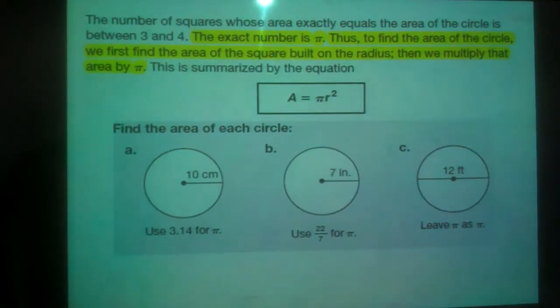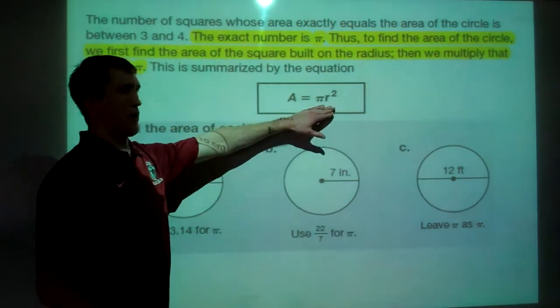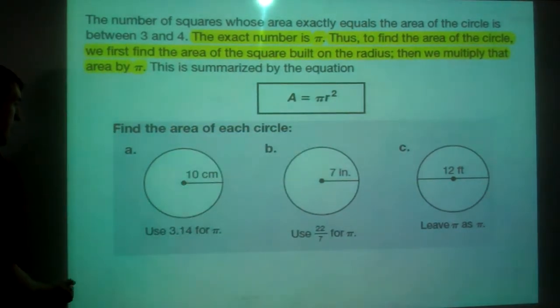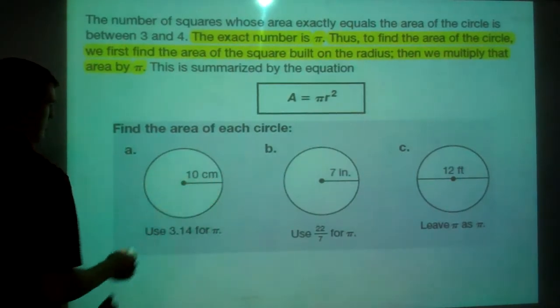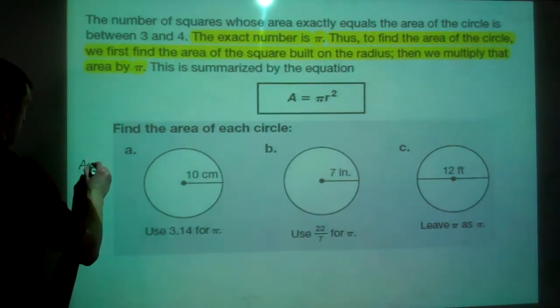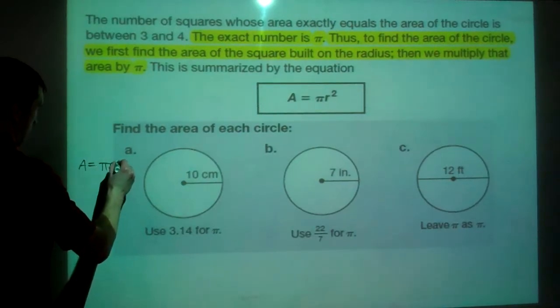Okay, and again we have 3 examples that are similar to the last ones for circumference, except now we're looking at the radius, not the diameter. Radius is half of our circle through the center, 10 centimeters, so area here equals pi r squared.